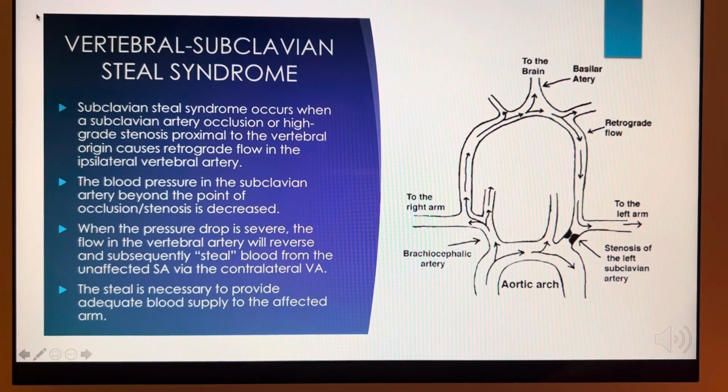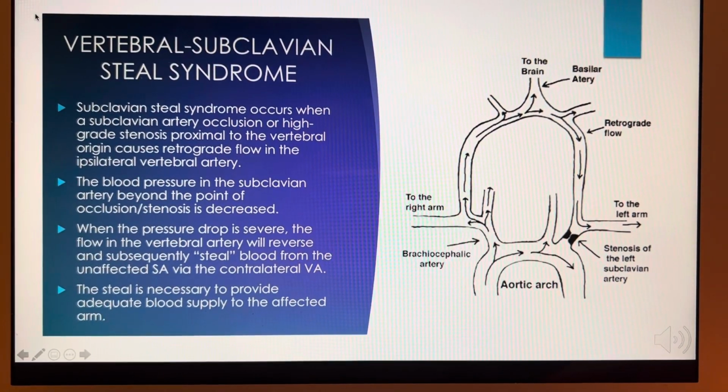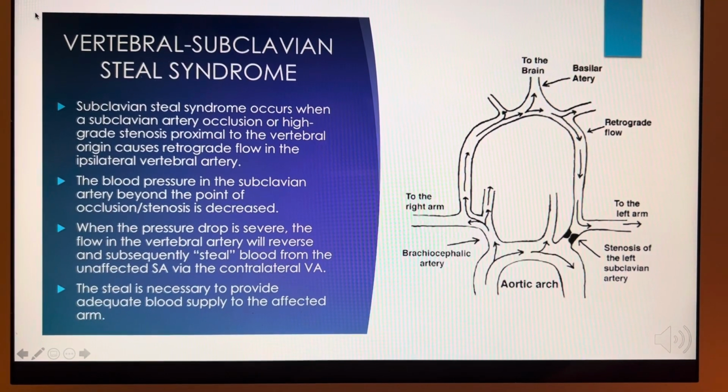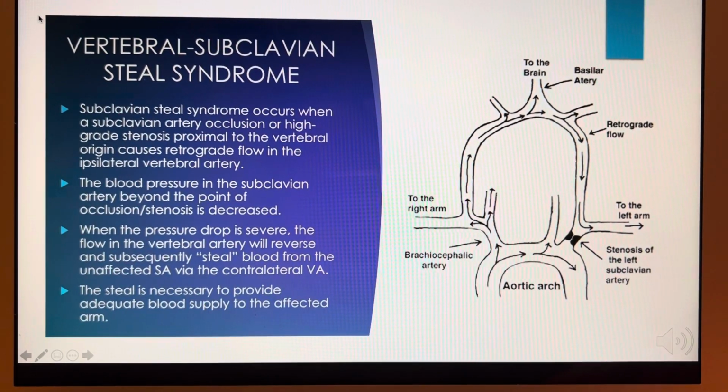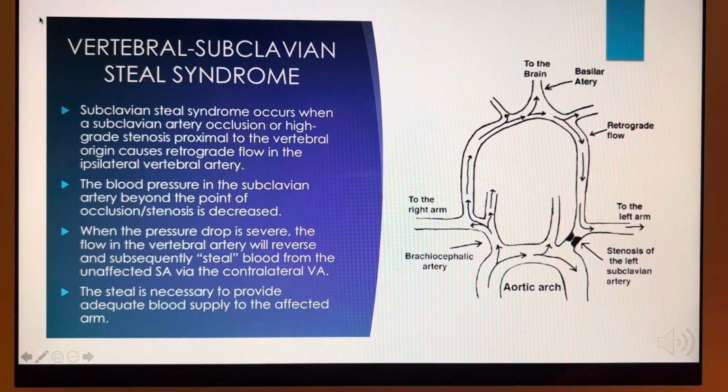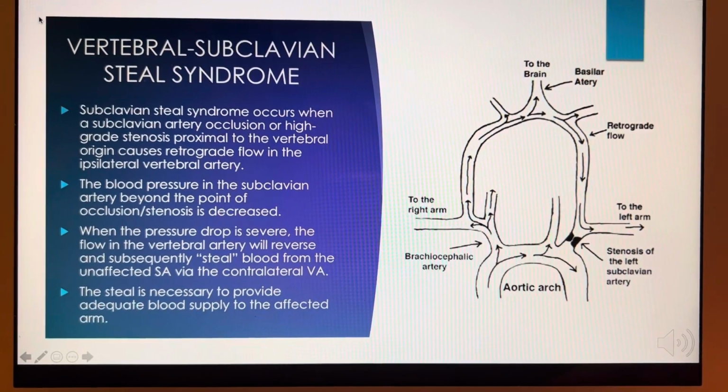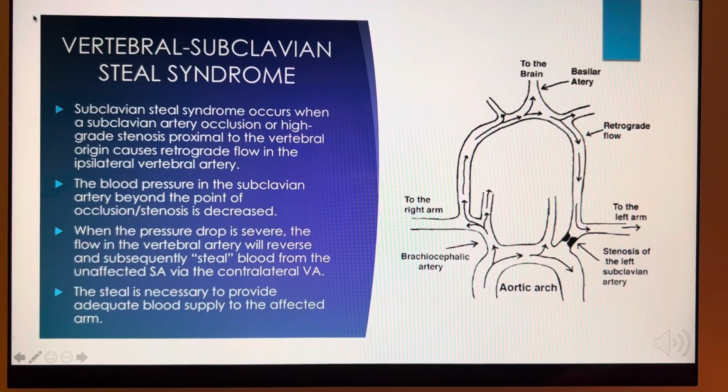The first I'll talk about is vertebral, and that phenomenon occurs when a subclavian artery occlusion or high-grade stenosis proximal to the vertebral origin causes retrograde flow in the ipsilateral vertebral artery.